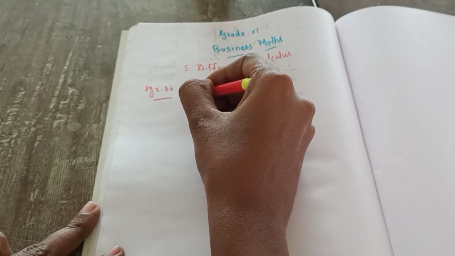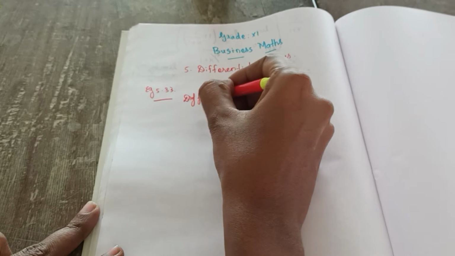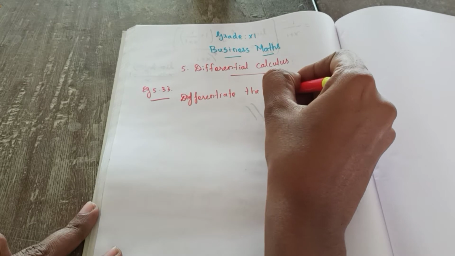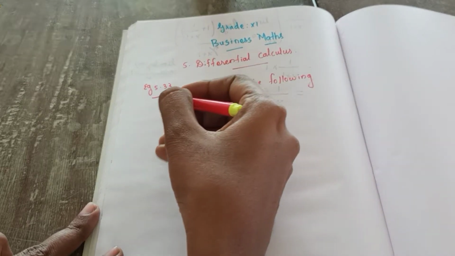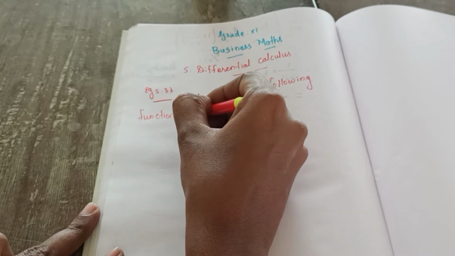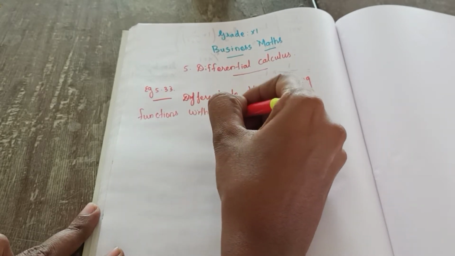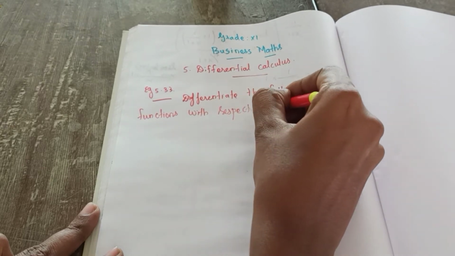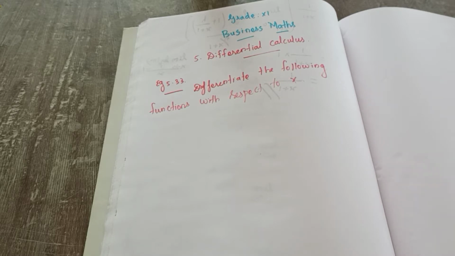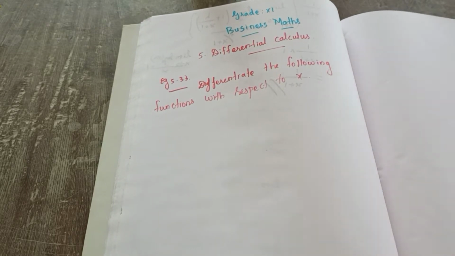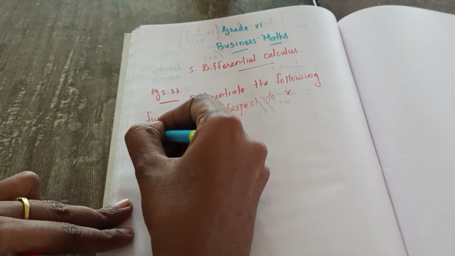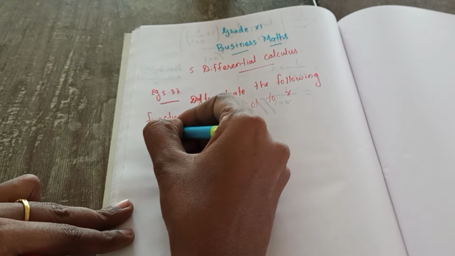Example 5.33. Differentiate the following functions with respect to x. First one, x power 3 by 2.